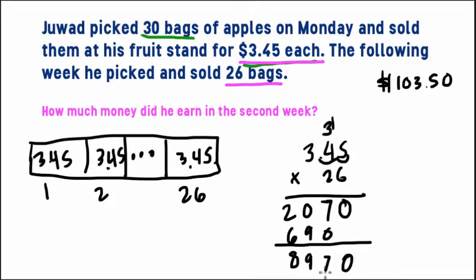Just bring those two right here. Cool. So now when we multiply, we have our answer for the second week. He got $89.70 for the second week.